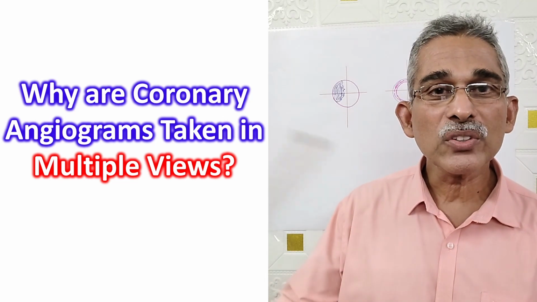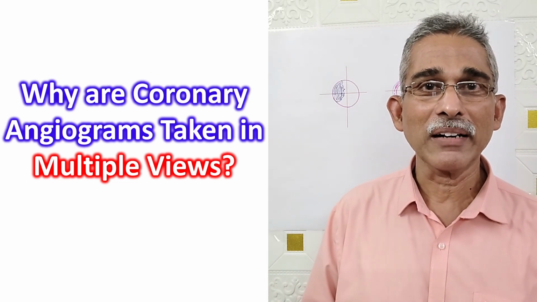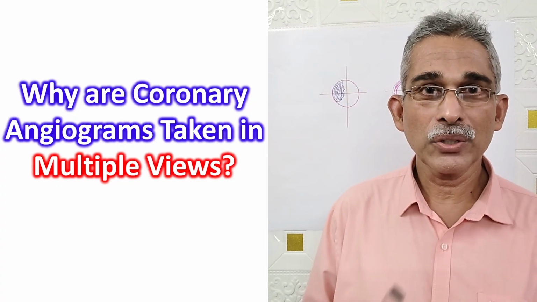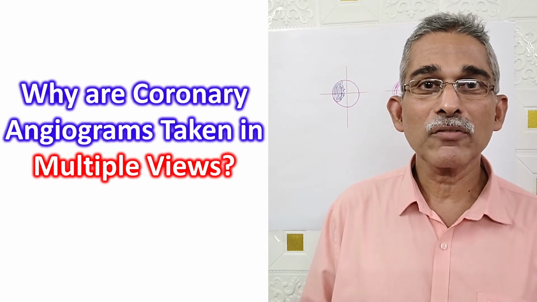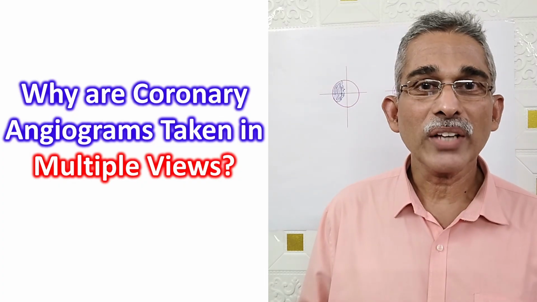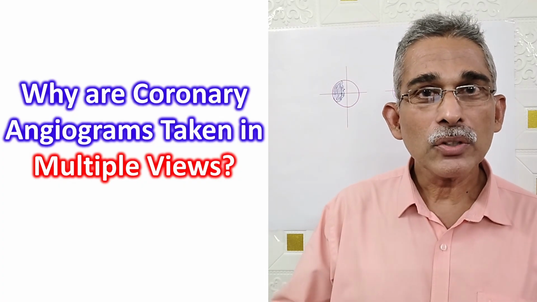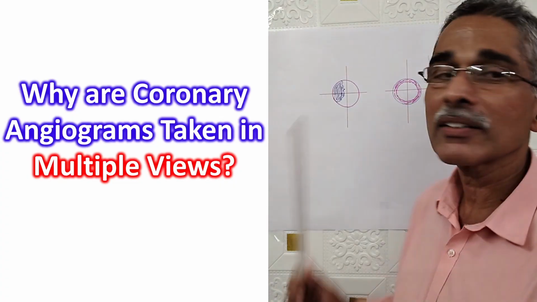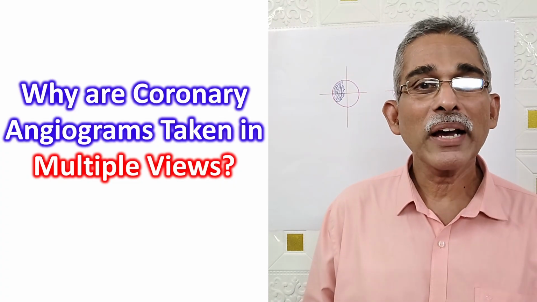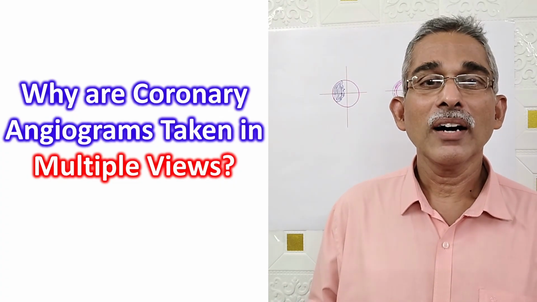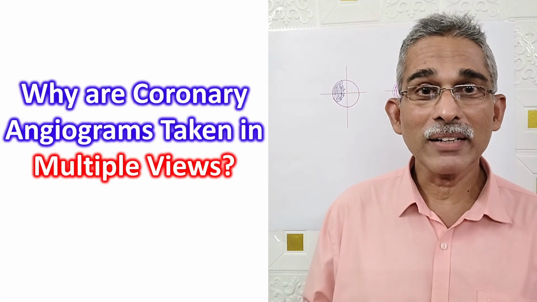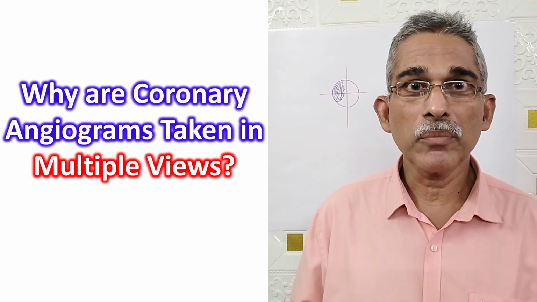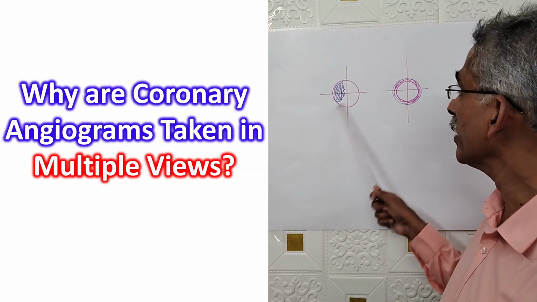Suppose there is diffuse disease throughout the length of the coronary artery. You may not see anything as a lesion. Usually we compare the normal segment with the abnormal segment to say that there is a lesion. Suppose the whole length of the coronary artery is diseased with a concentric lesion, then you might miss the lesion also. That is the disadvantage of taking a coronary angiogram, which is known as luminogram. You are assessing only the lumen.